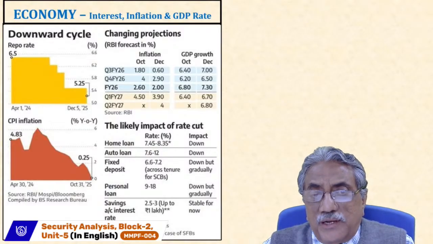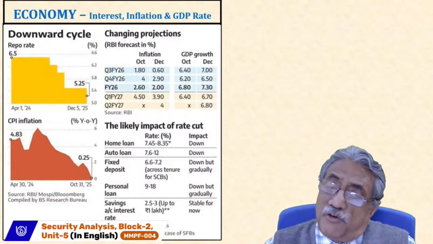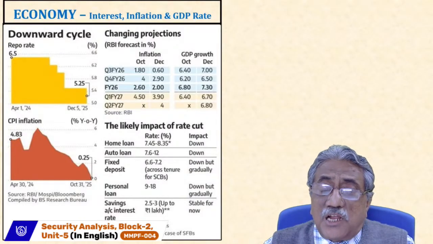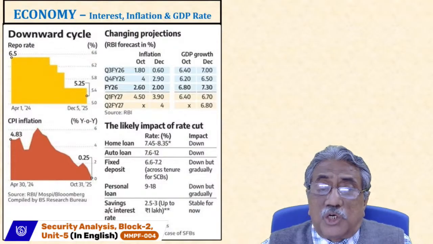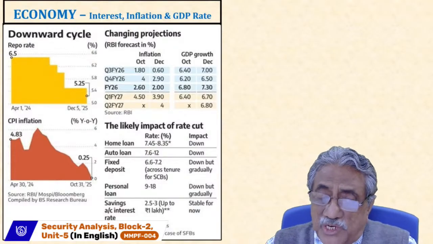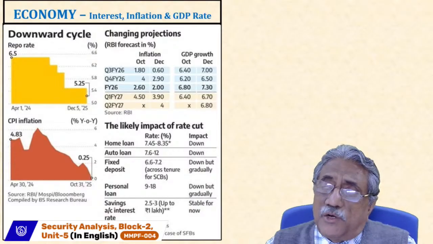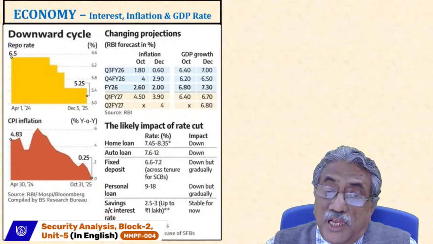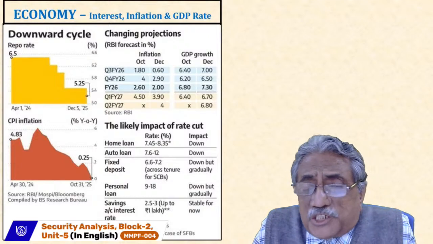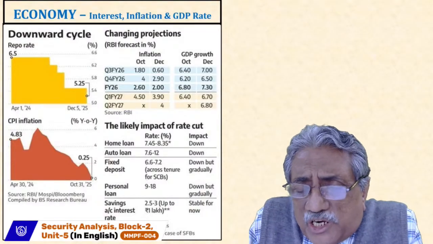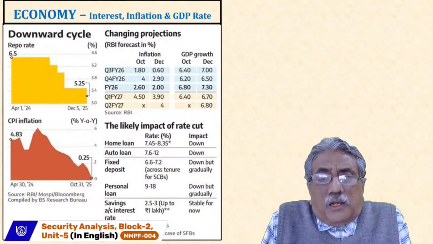And GDP growth rate, again, we saw 6.5, but RBI is now forecasting 6.7. And maybe next quarter, Quarter 2 FY27, March 27, that means financial year 26-27, it may cross 6.7, it may go to 6.8 if the macro conditions of the country remain so.